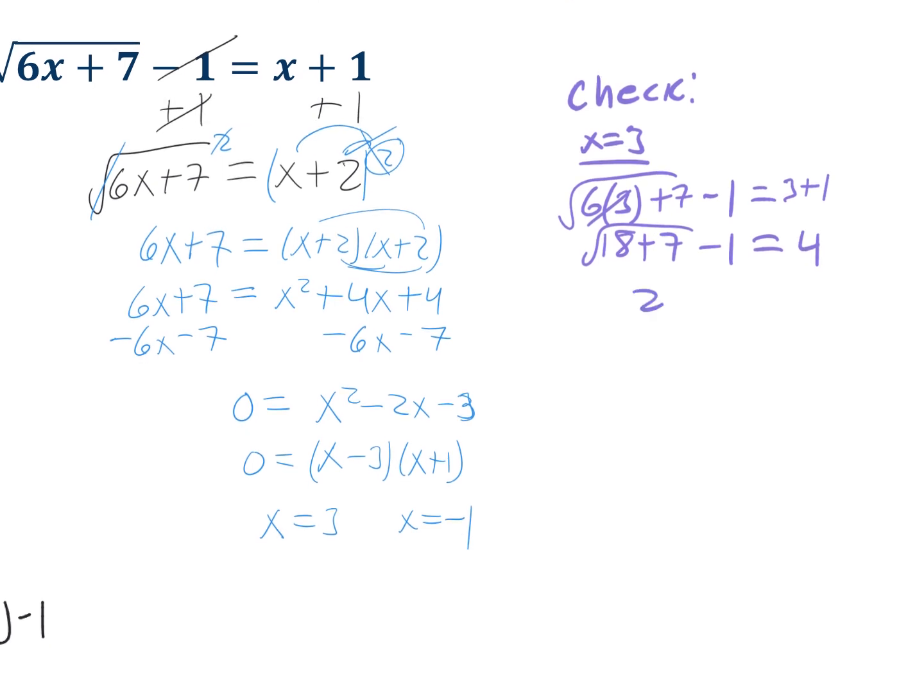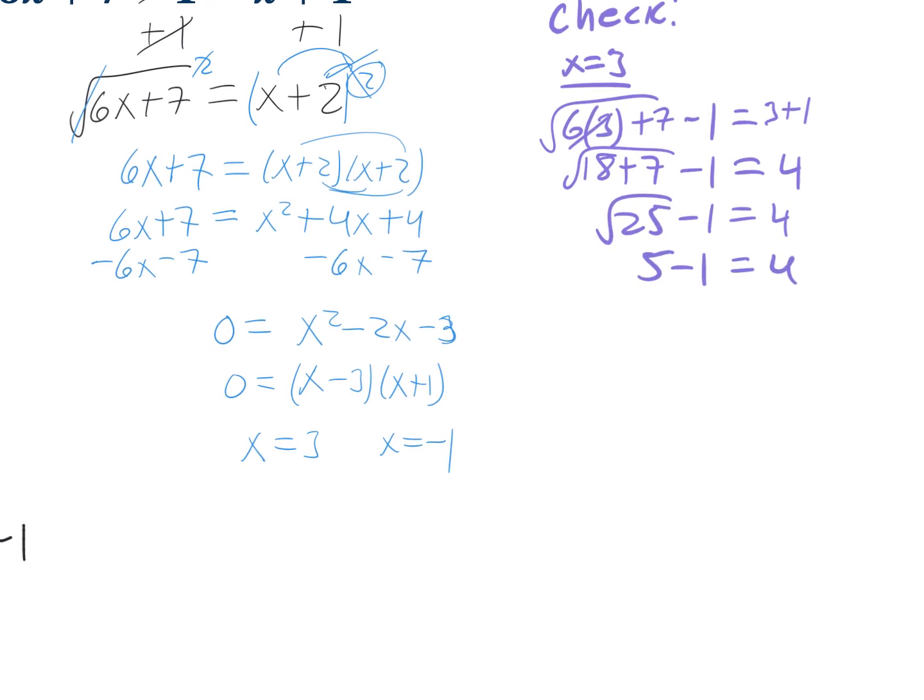So we have the square root of 25 minus 1 equals 4. The square root of 25 is 5, and 5 minus 1 equals 4. This is a true statement, because we get 4 equals 4. This works, so x equals 3 is a solution.